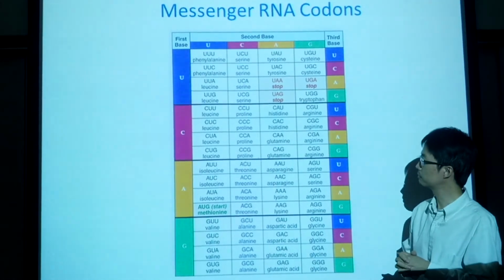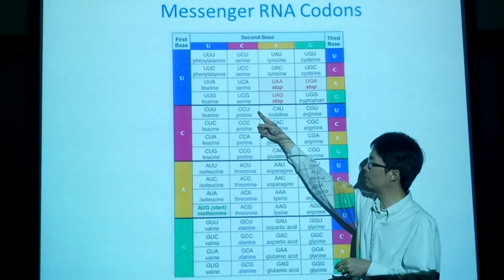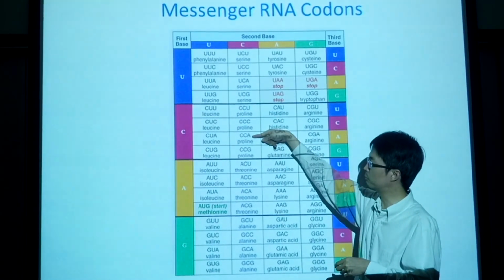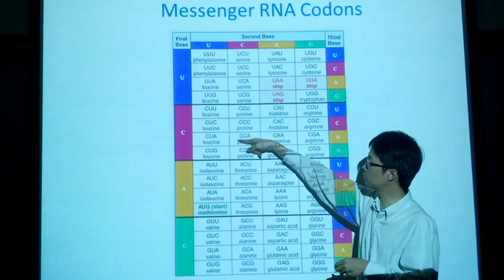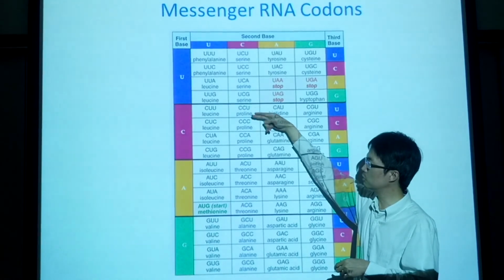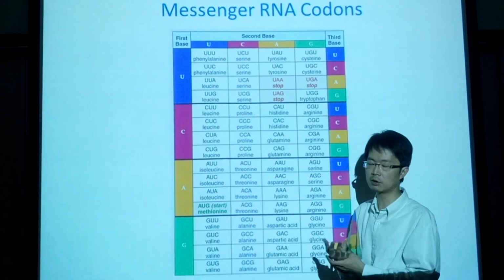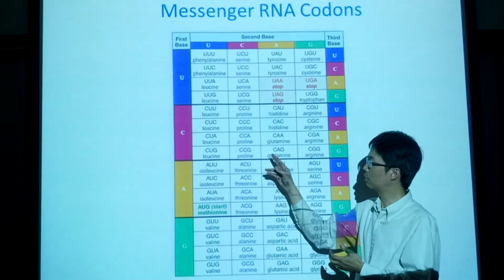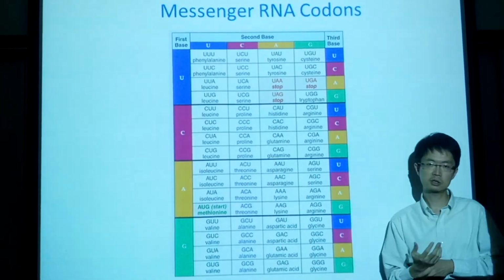Let's take a look. You can see that all these here are proline. They only differ in the last base, UCAG, and they all code for proline. The redundant codons CCU, CCC, CCA, and CCG all code for the same amino acid. The only difference is the last base, because it helps to protect against mutation.